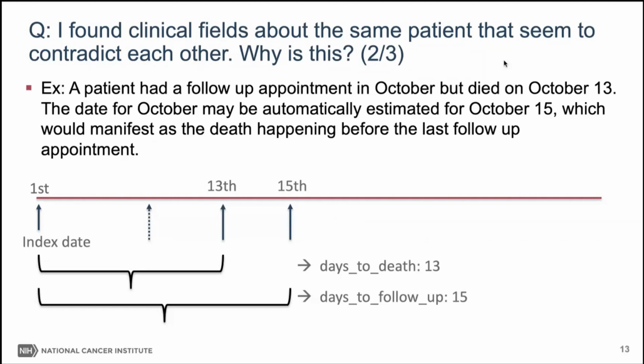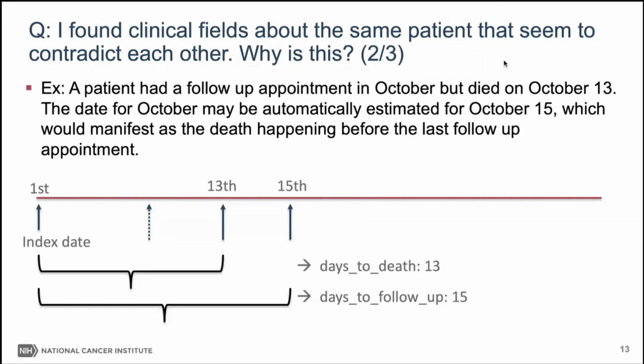Let's say the index date was the 1st of the month, the death date was the 13th of the month, and the last follow-up, which was only known to happen in October and definitely happened before death, which is represented with the dotted line, would be calculated to have happened on the 15th because we don't know exactly when that happened.